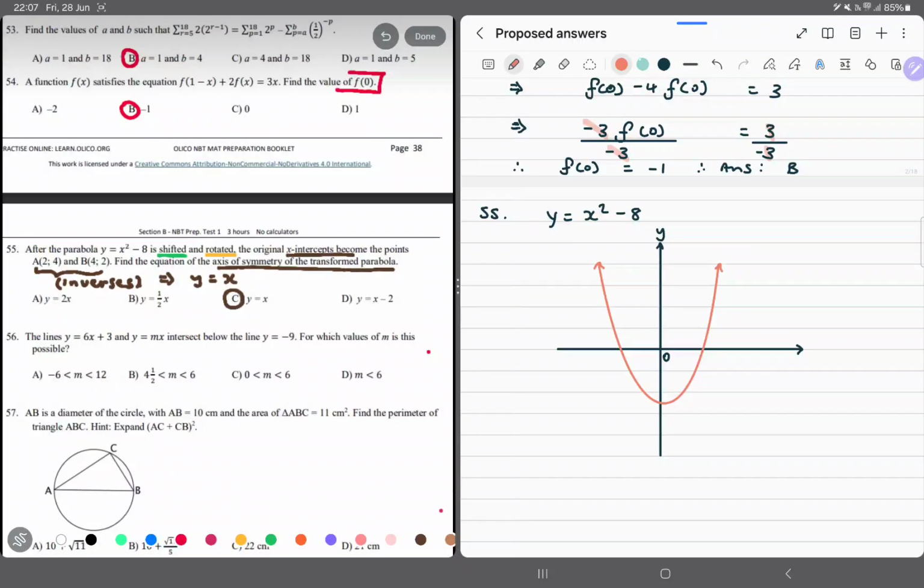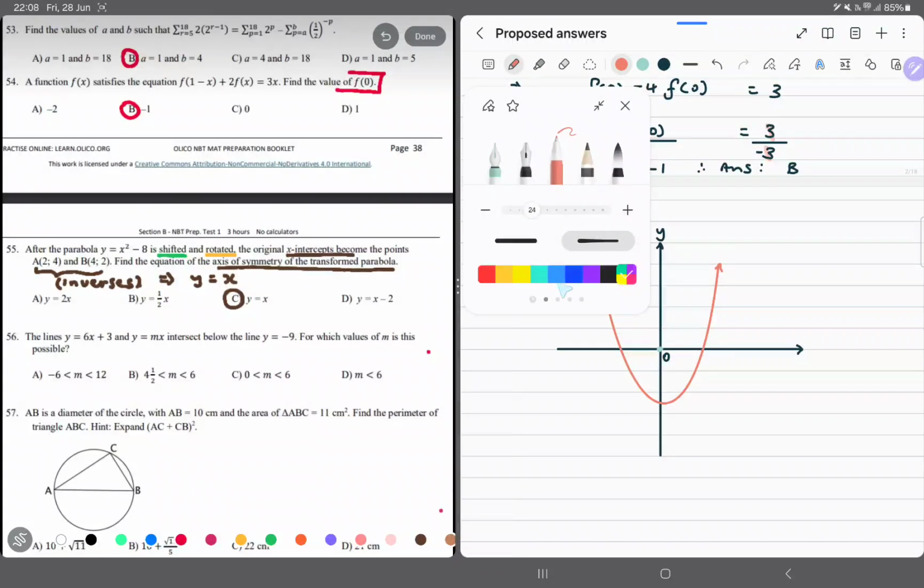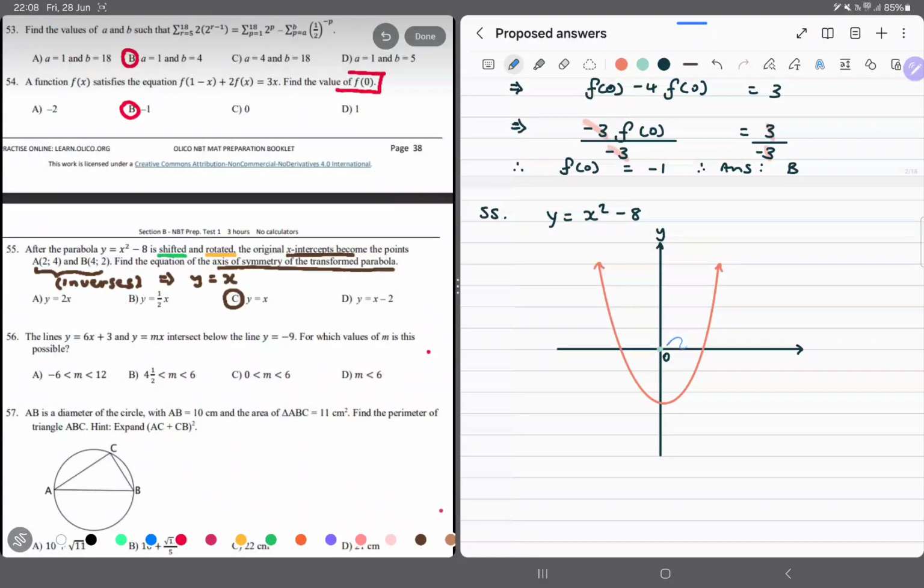We know that these 2 points, which are the x-intercepts, are symmetrical about the axis of symmetry, which is the y-axis. Now this is going to be minus 2 root 2 and positive 2 root 2, but that's not what we're interested in, and obviously this becomes minus 8.